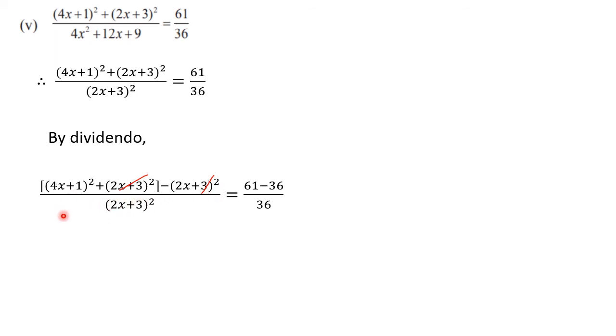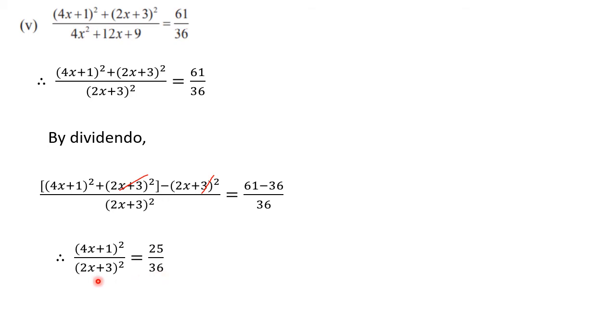Now, after that, we will get 4x plus 1 the whole square divided by 2x plus 3 the whole square, the remaining thing on the left hand side. And here 61 minus 36, you will get 25, and down you have 36. Again, you can observe that on both sides perfect squares are present. 25 is the square of 5 and 36 is the square of 6.